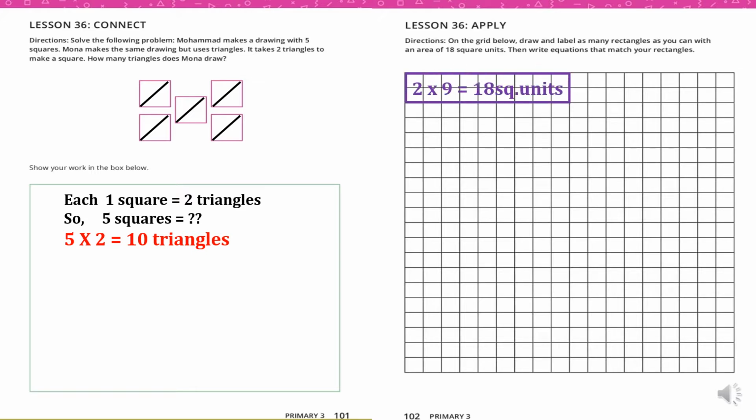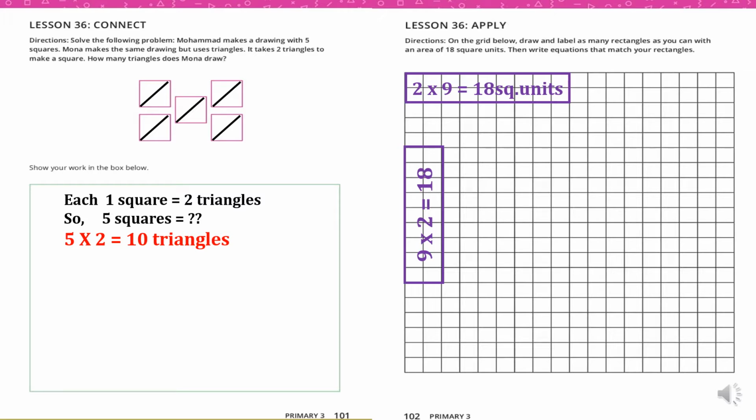The first is 2 times 9. 2 rows times 9 columns. So 2 times 9 equals 18. What else? We have the commutative property of this equation, which is 9 times 2. 9 rows and 2 columns, all of them equals 18.